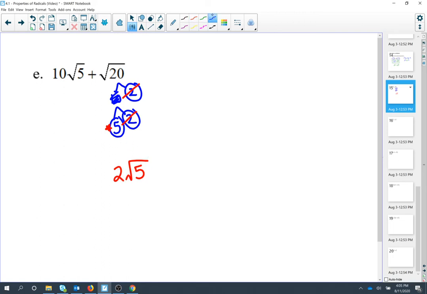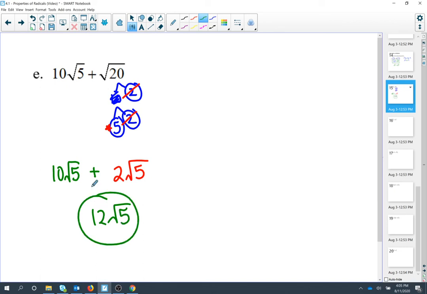Well, then I'm going to go back up and I'm going to say, well, this was 10 root 5. So now I have 10 root 5 plus 2 root 5. So again, 10 of those things plus 2 of those things makes 12 of those things, and that's your final answer. Again, the radical doesn't change, it's just the coefficient in the front.